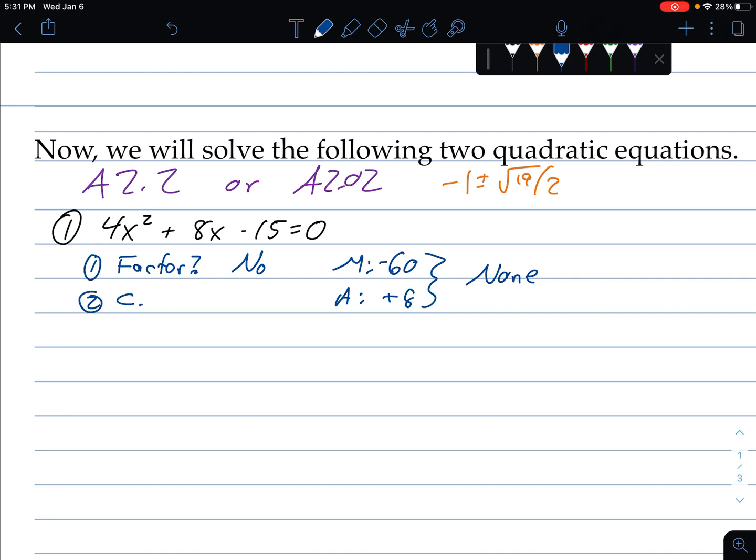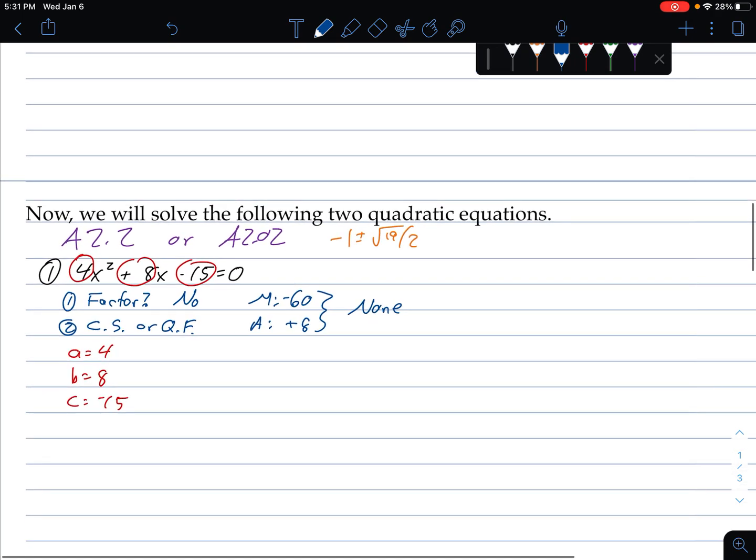Option 2, we could either complete the square or use the quadratic formula. We're going to learn about the quadratic formula today. A is 4, B is 8, and C is -15. Yes, the signs matter. Yes, if you pick a wrong sign, you'll get the wrong answer, so just be careful.